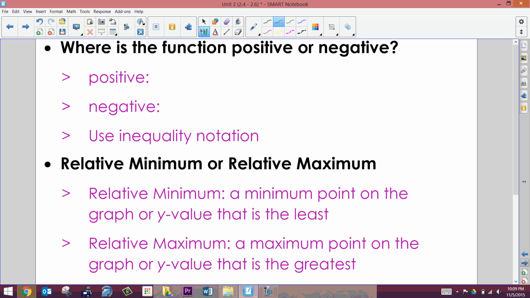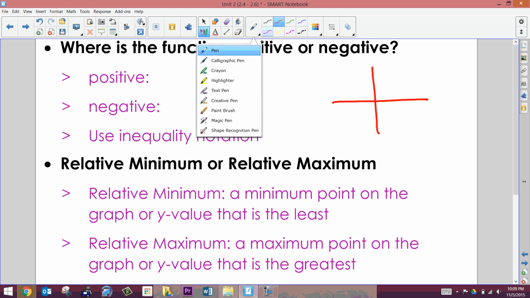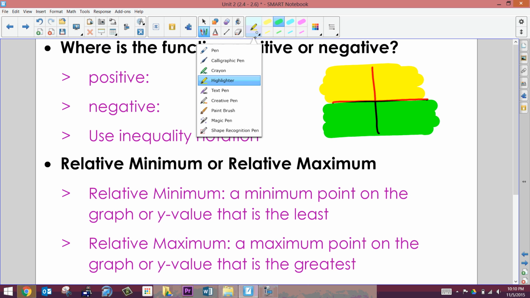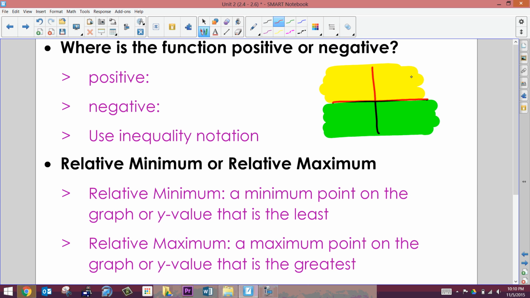Okay, now the next thing we have to look at is not so much how it's changing, but where in the graph it is. So we're looking for positive and negative. If you look at an XY graph, anywhere above the x-axis, anywhere up here, we're going to have positive, whereas anywhere down here is going to have negative values. Okay, so let's go back to our pen here. Again, positive up here, negative down here.